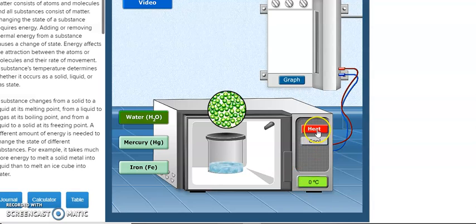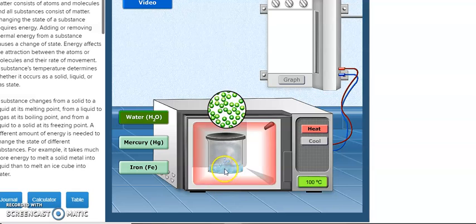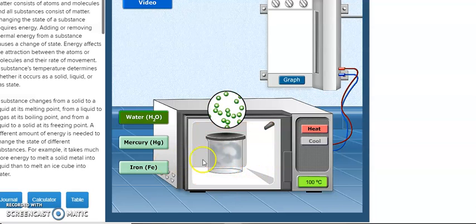And if we add more heat, you can see the water starts to change to gas, and you can see the particles here, how they are far apart, and the temperature here is 100 degrees Celsius. So we can conclude that water melts at 0 degrees and boils at 100 degrees Celsius.